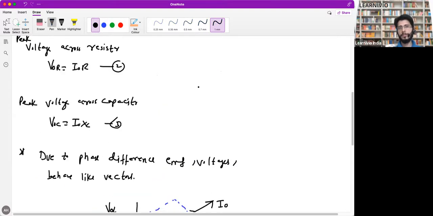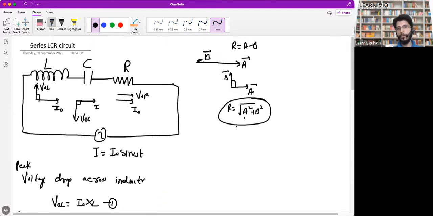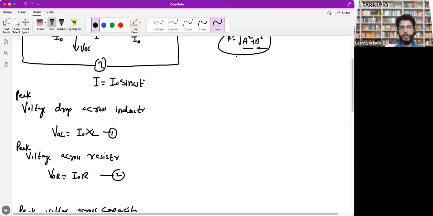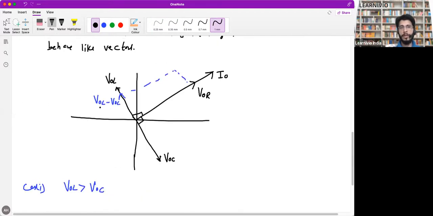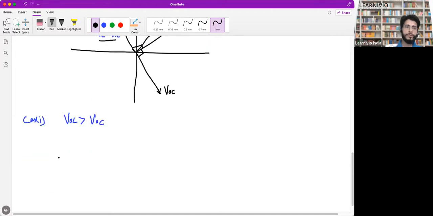So if two vectors are inclined at 90 degrees, then you write them as root over A square plus B square. So here one vector is V naught L minus V naught C, another vector is V naught R. When you add them up, you will get net voltage. I'm representing that net voltage as E naught.